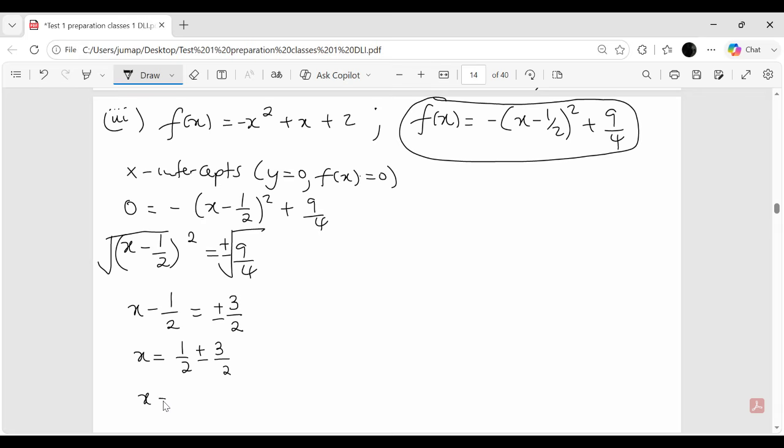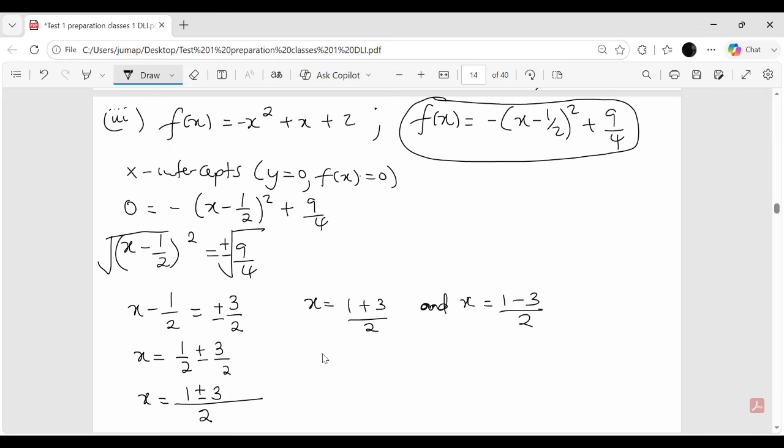Then your x will be equal to, you get your 2, then 2 into 2, that will be 1, so it will be (1 plus or minus 3) over 2. Meaning that the first one is going to be x equals (1 plus 3) over 2, and the other one is x equals (1 minus 3) over 2.